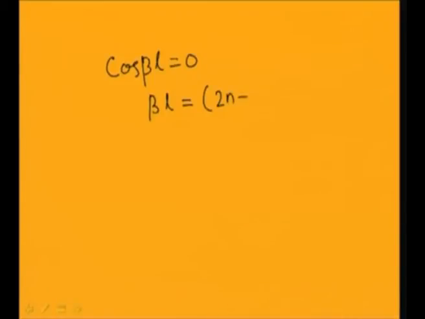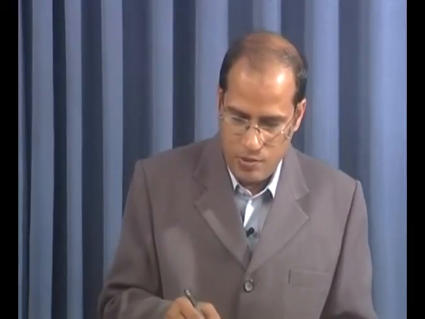So this is equal to (2n plus 1) pi by 2 for n greater than 5. So for higher modes, the cantilever beam and this fixed beam have the same frequency.